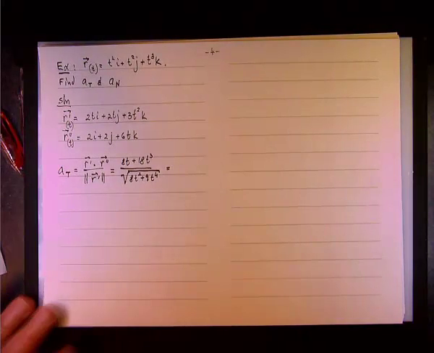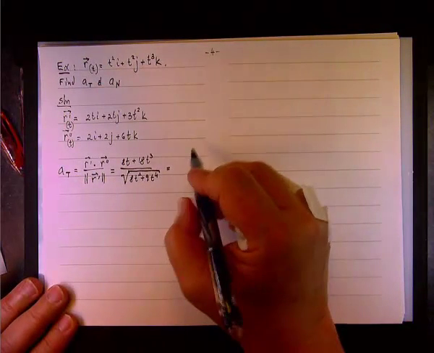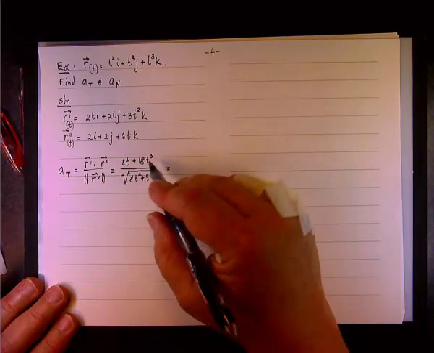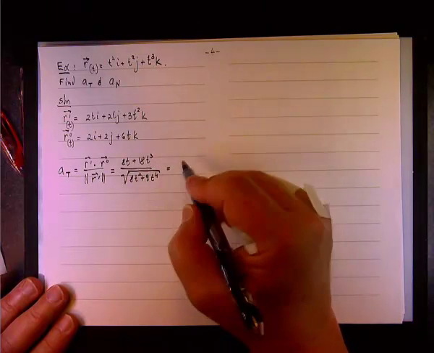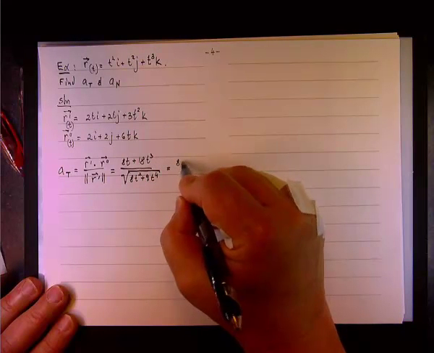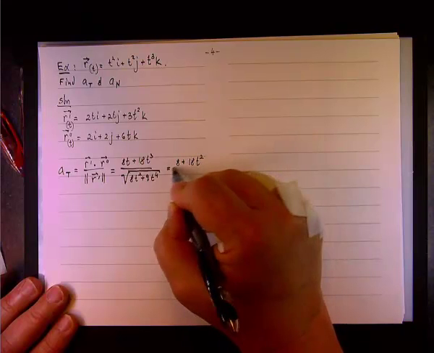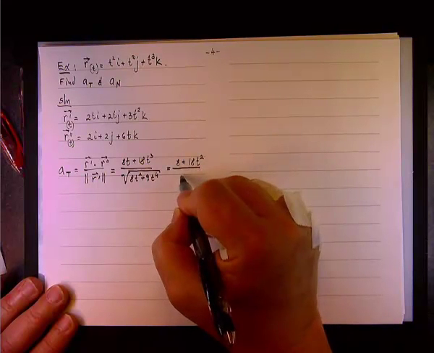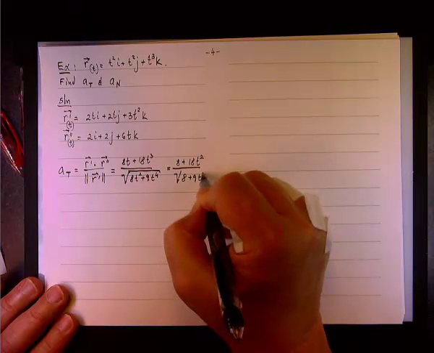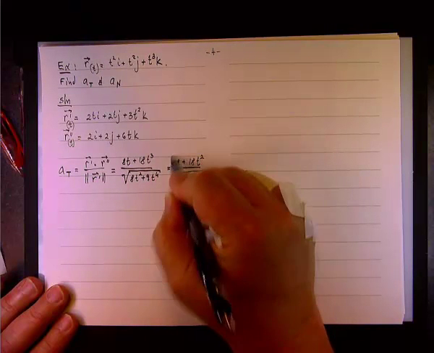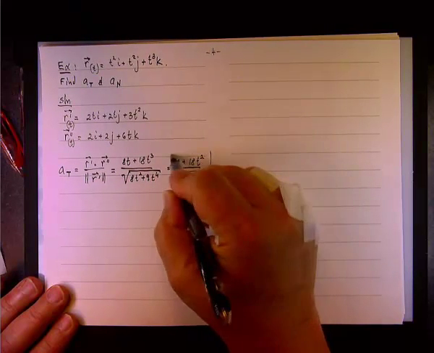But here we need to do some simplification. We can factor out t, so we have 8 plus 18t squared divided by the square root of 8 plus 9t squared.